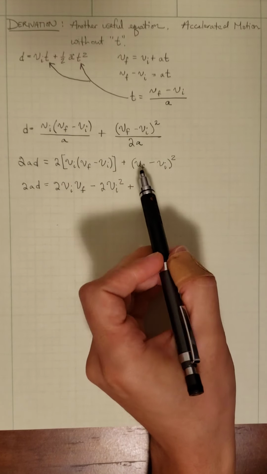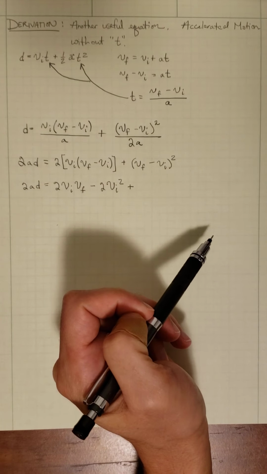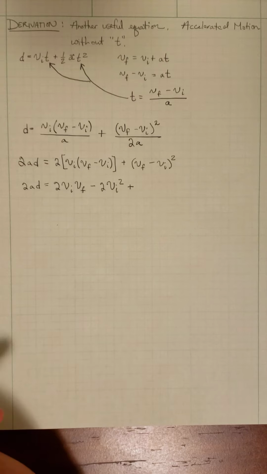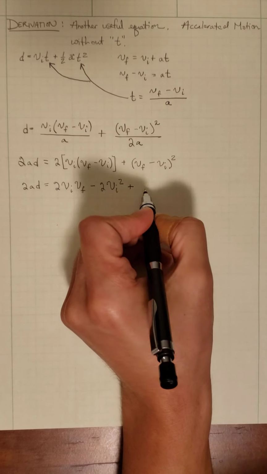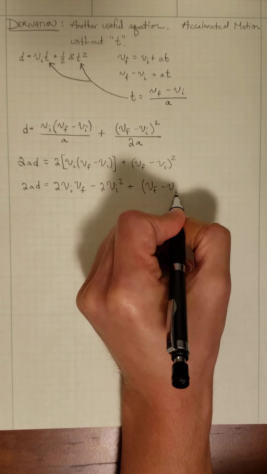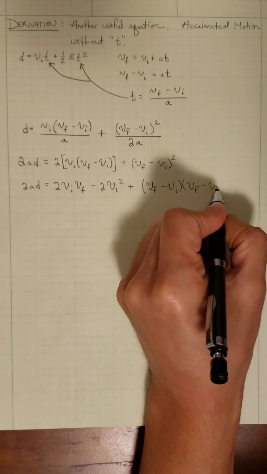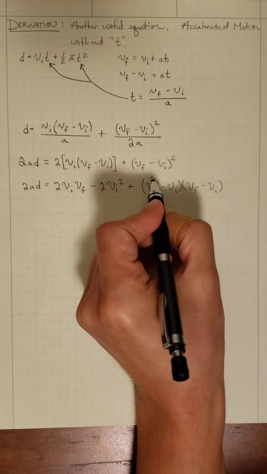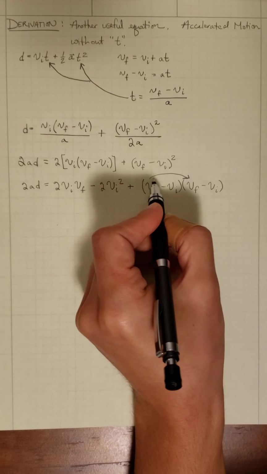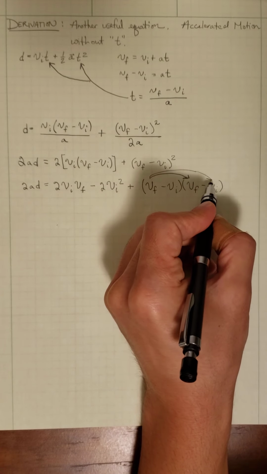plus, now how do we do this? Vf minus vi squared. If you remember, what does it mean to square something? It means multiply it by itself. So we do vf minus vi times vf minus vi. And you remember FOIL, where you do first, and then you do outer.